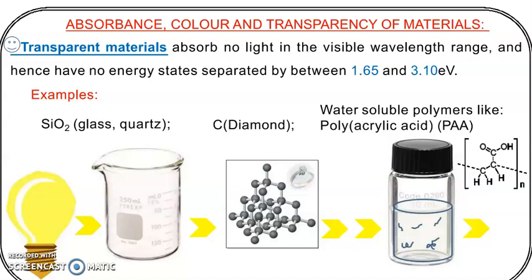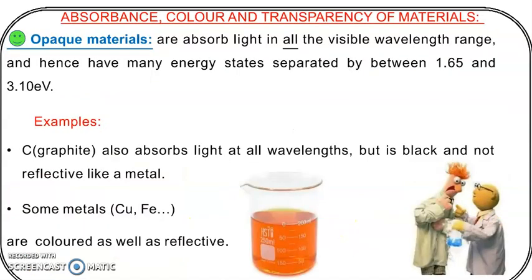You can see here SiO2, glass, quartz, diamond and water-soluble polymer like polyacrylic acid, PAA. So that is absorbance, color and transparency of materials.